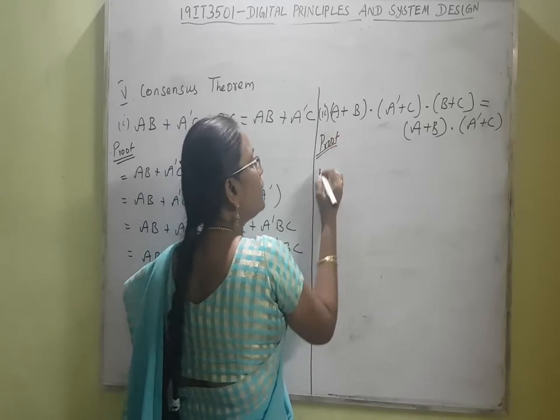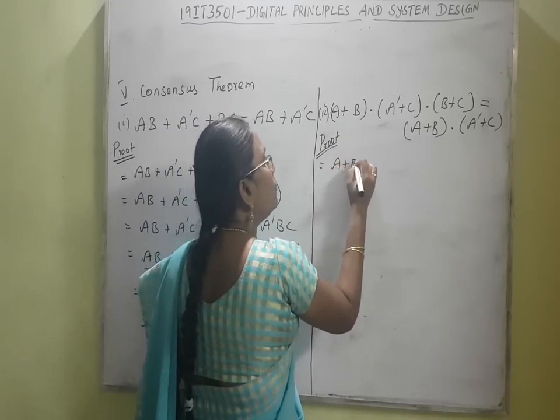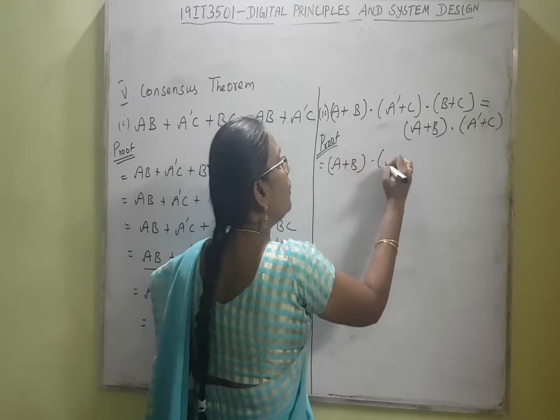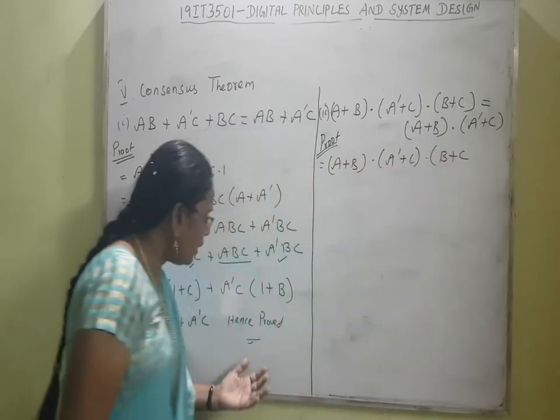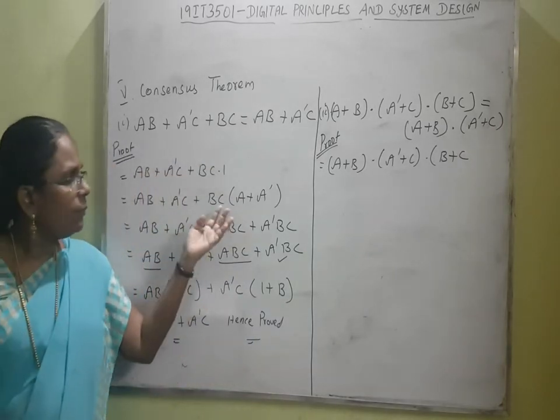So how will this work? Let us take the left hand side: A plus B into A bar plus C into B plus C. Here it was multiplication.